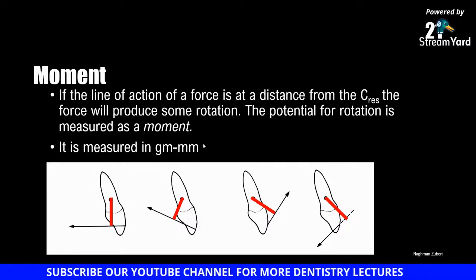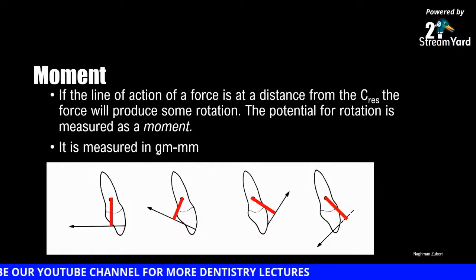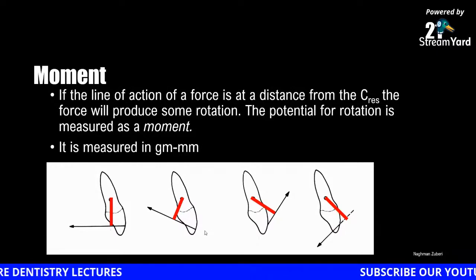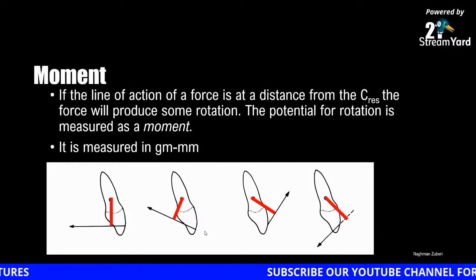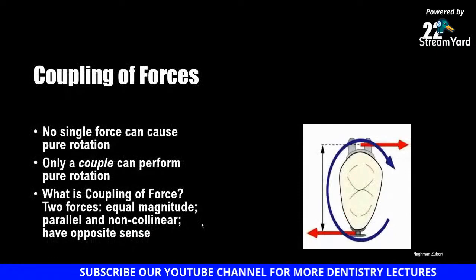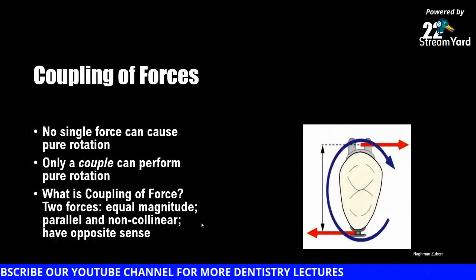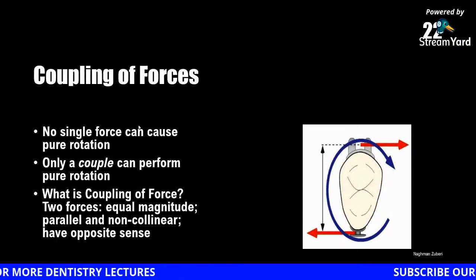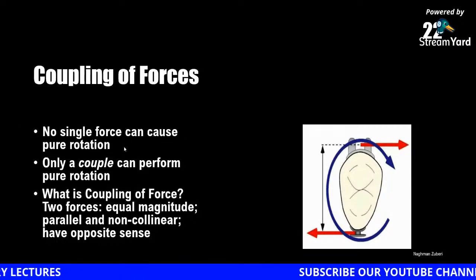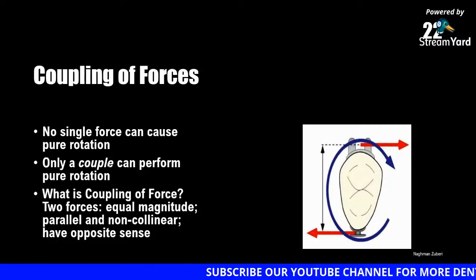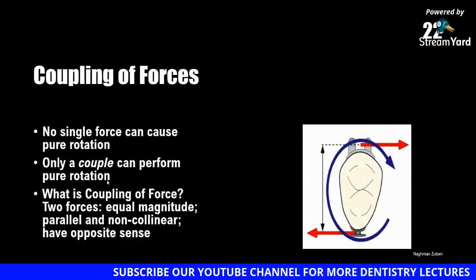This is the magnitude of a moment, or we can say that's how we calculate a moment. But when we need to do pure rotation, we need to couple those two moments. A single force cannot cause pure rotation. Only a couple can perform pure rotation.